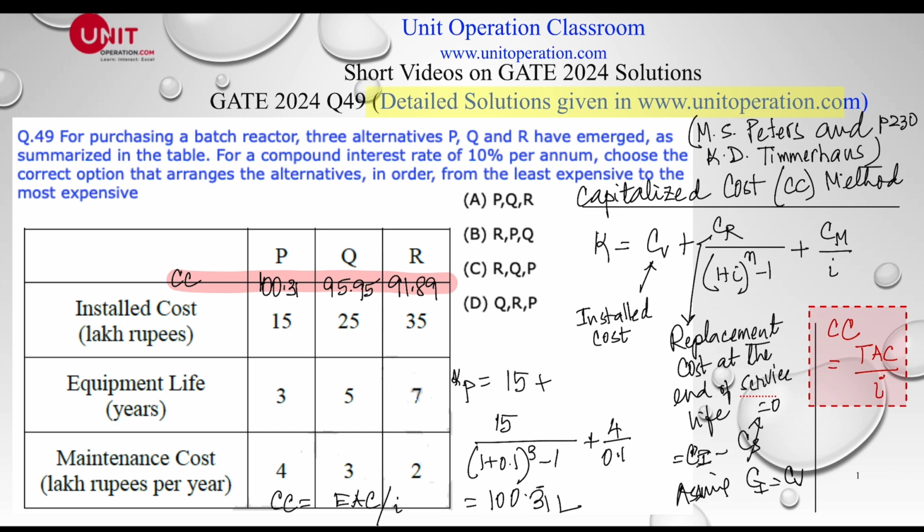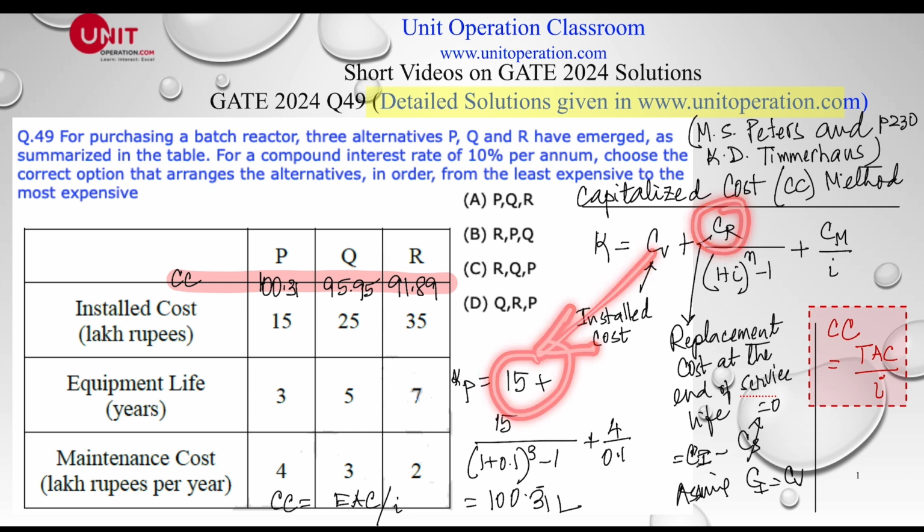And this CS is the salvage value. Since salvage value is not given here, we are assuming this salvage value is equal to 0, and we are assuming that CI is equal to CV. That means after 3 years, the cost of the batch reactor will be the same as it had been 3 years before. So what we have here, this is going to be 15, that's the installed cost.